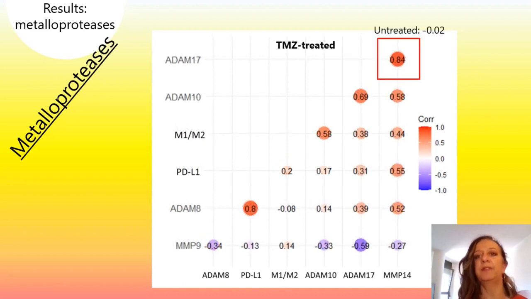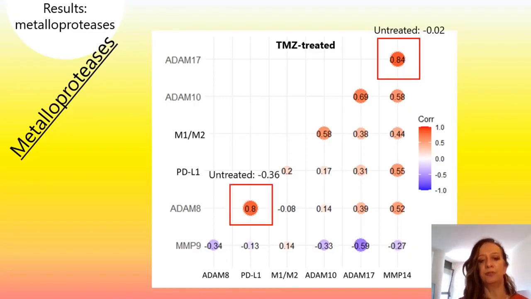For example, this correlation between ADAM17 and MMP14, which was not present in controls, but was highly positive after treatment. ADAM17 was described to be correlated with more presence of M1 antitumoral phenotype of macrophages, which is in line of our results. And MMP14 was described to increase after some therapeutic approaches.